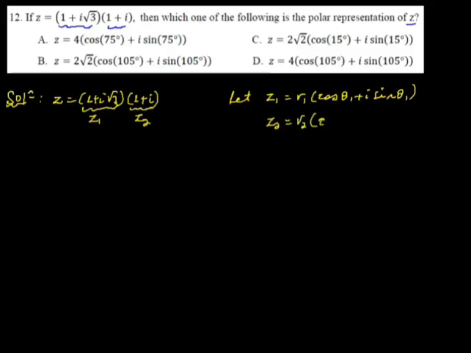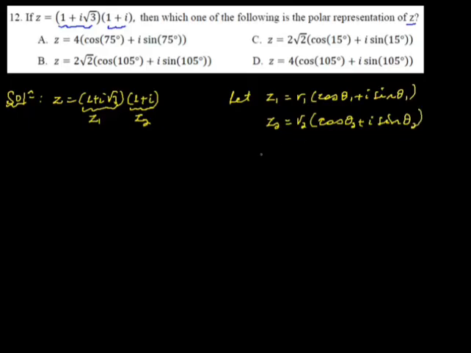So let this be Z1. Assume this other part is Z2, and we will apply this property. If we have two complex numbers, Z1, which is expressed in polar form, r1 times cos theta 1 plus i times sin theta 1, and assume Z2 is written in polar form where Z2 is r2 times cos theta 2 plus i times sin theta 2.